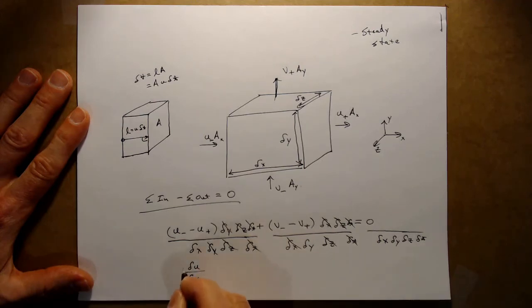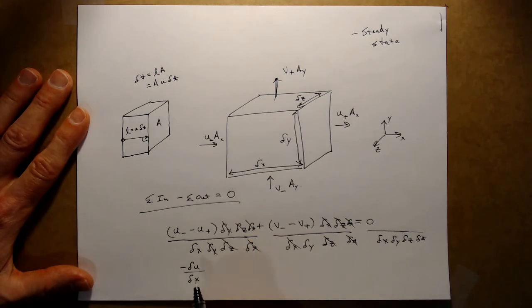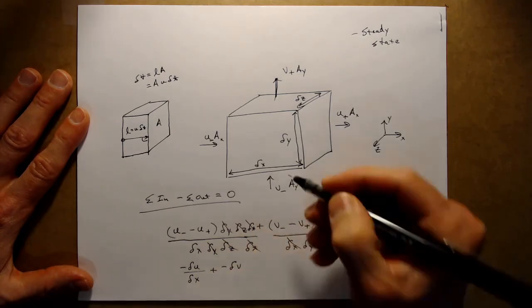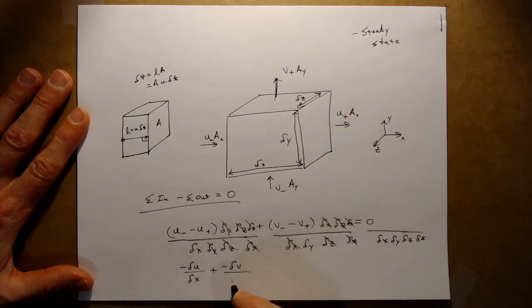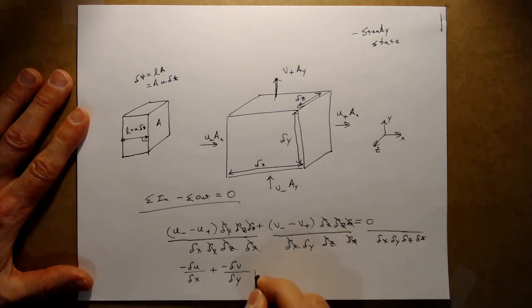And I probably should put a negative sign here because I'm saying the velocity on the left-hand side minus the velocity on the right-hand side. Normally that would be what we call minus delta u. And I can call this minus delta velocity in the y direction, delta v, divided by the height of the region in y, and that's equal to 0.